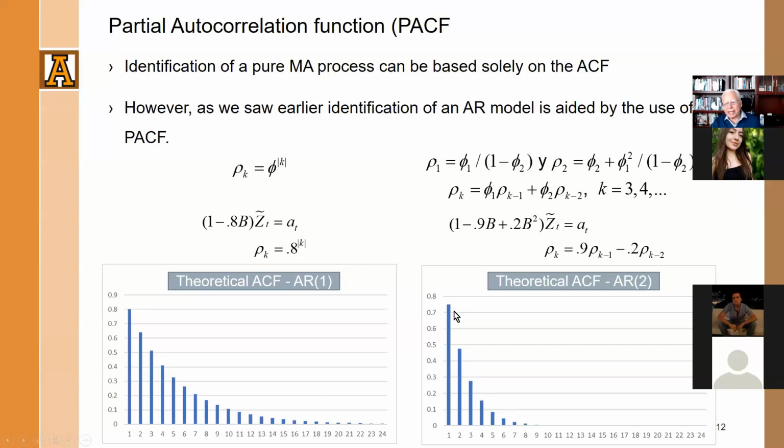So just looking at the ACFs would be very difficult to determine if it's an autoregressive model of order 1 or order 2. Now we know that if we look at the PACF, then if it's an AR1, the first lag would be different from 0, and the rest will be 0. And if it's an AR2, the first two lags will be different from 0, and the rest will be 0.